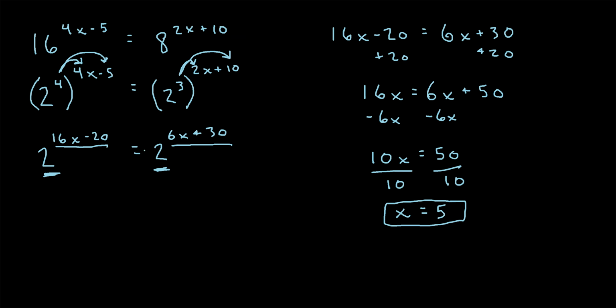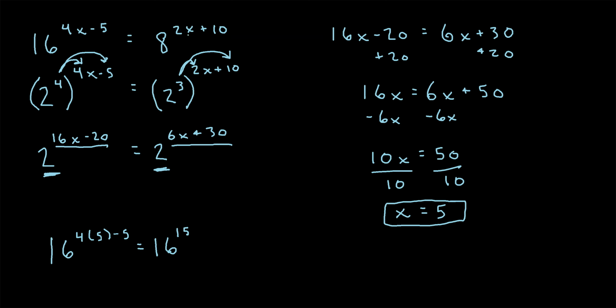And if we want to double check our work, we plug in a 5 for x in this original expression. Over here we'll get 16 to the power of 4 times 5 minus 5. So that would be 16 to the power of 4 times 5 is 20, minus 5 is 15, so 16 to the 15th power.